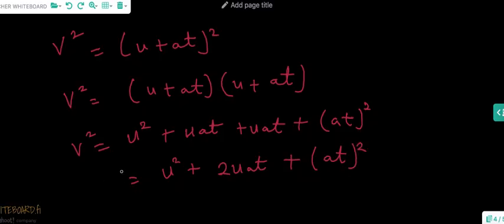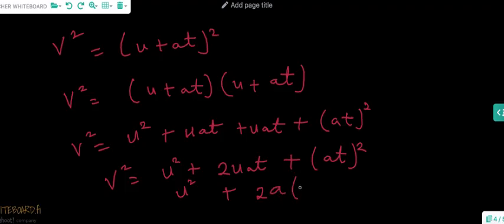Remember v square equals this. From here, let's factorize 2uat and (at) square. By factorizing this, 2 is common, so you can bring 2 outside. Let's bring a outside.